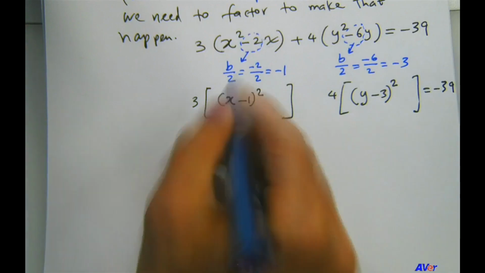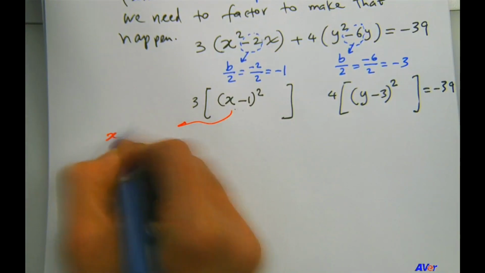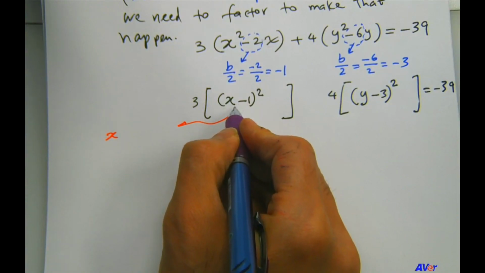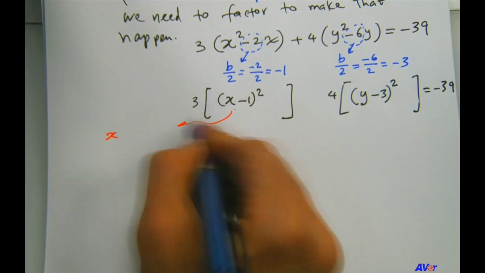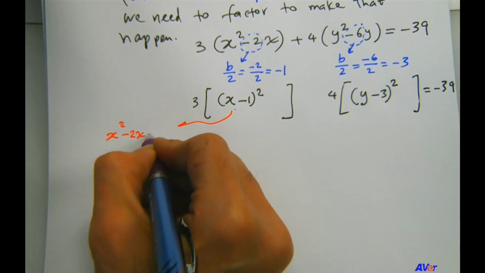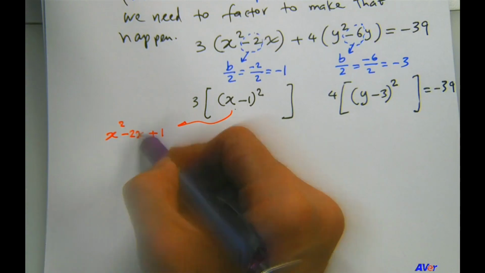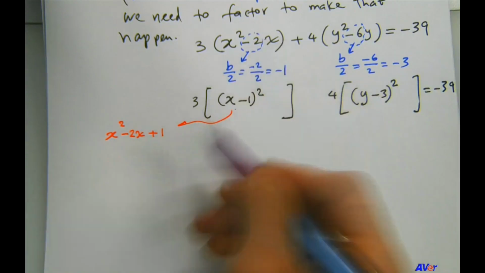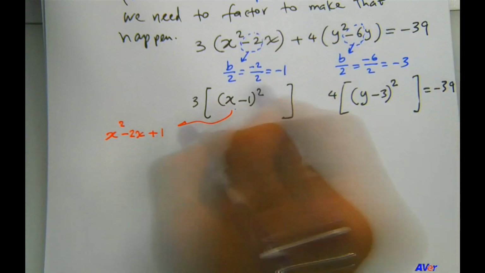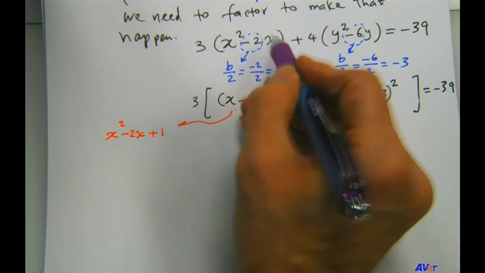You can FOIL it or you can use the shortcut formulas. If you expand this, you're going to get x squared minus 2x plus 1. Compare this with that. Are they the same? No. By completing the square, you introduced a 1, which wasn't there before.